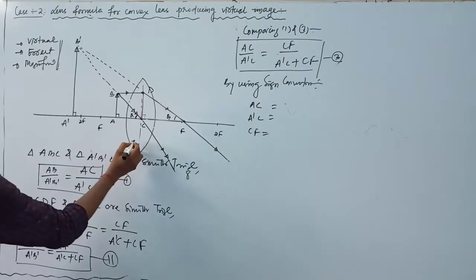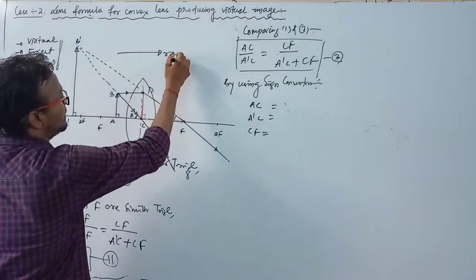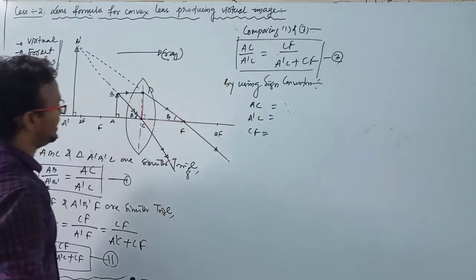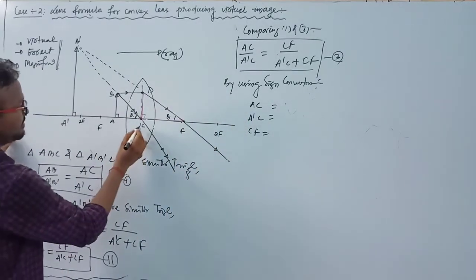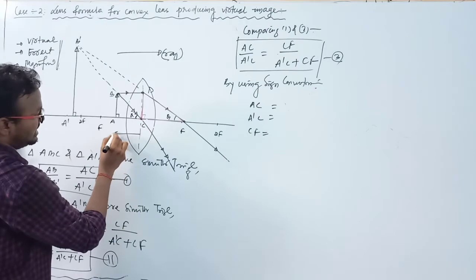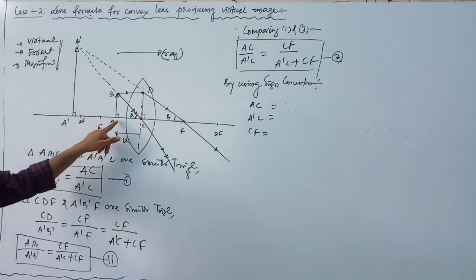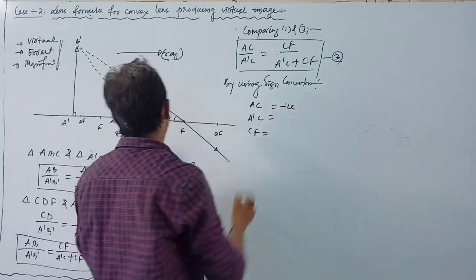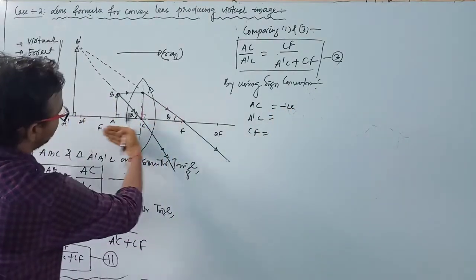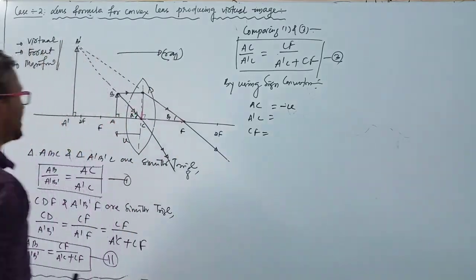This is the incident ray, traveling from left to right, and all distances are measured from the optical center, so this distance is known as the object distance u. Clear? So AC equals minus u, because this distance is measured right to left but the incident ray travels left to right, so it will be negative.